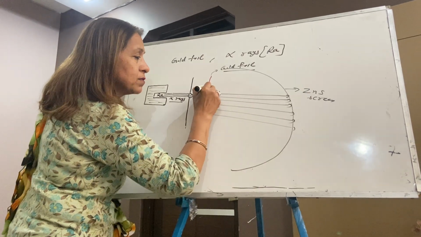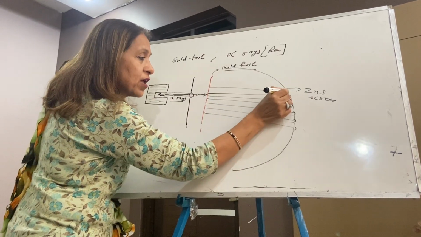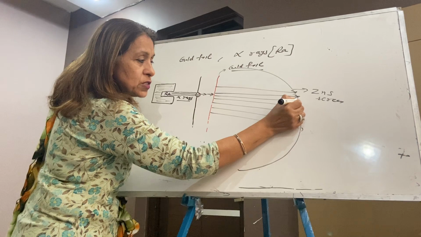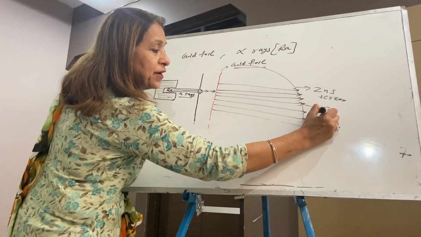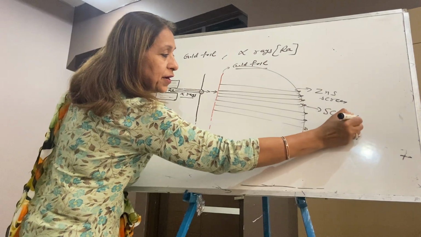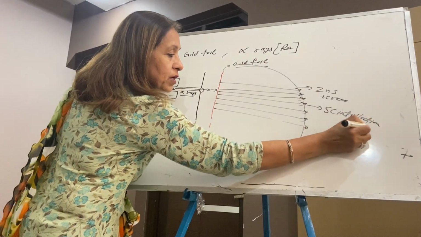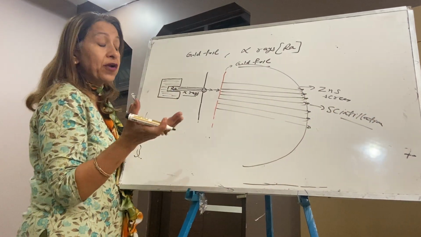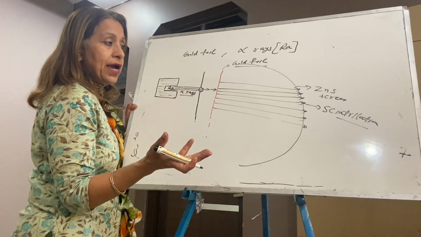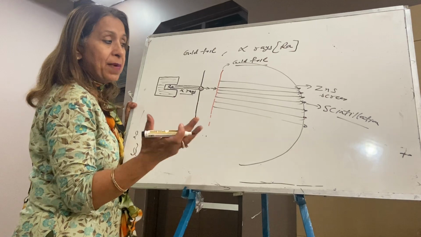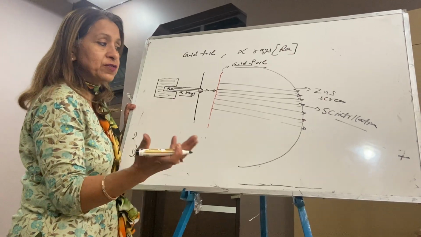Where these rays struck the ZnS screen, fluorescence of light takes place, and at each point a scintillation is marked.